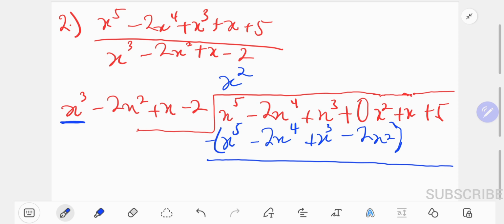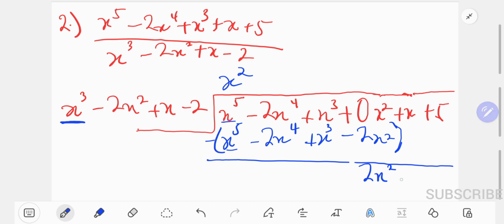So we do a subtraction. 0 minus negative 2 gives us a positive 2, so we get plus 2x squared. Okay, x cubed minus x cubed gives us 0. Minus 2x power 4 minus negative 2x power 4 also gives us 0. Then this and that also gives us 0, right? So we are just left with this.